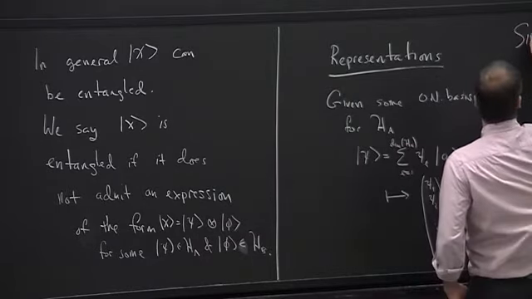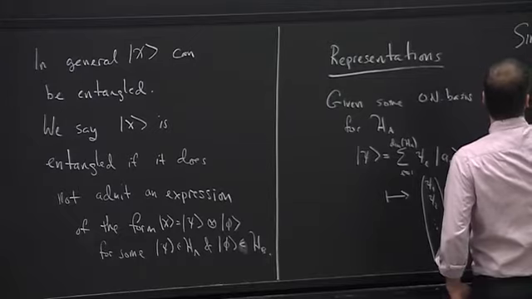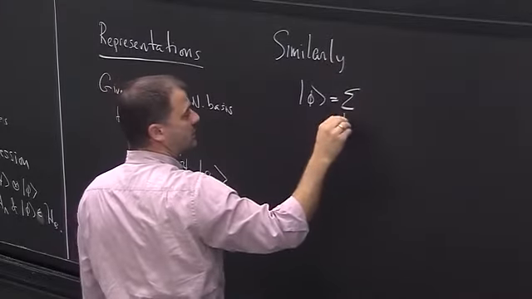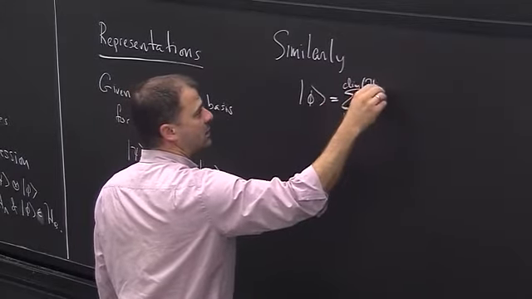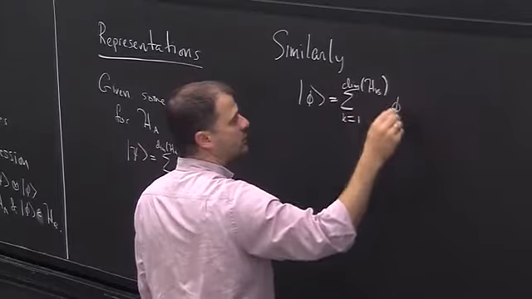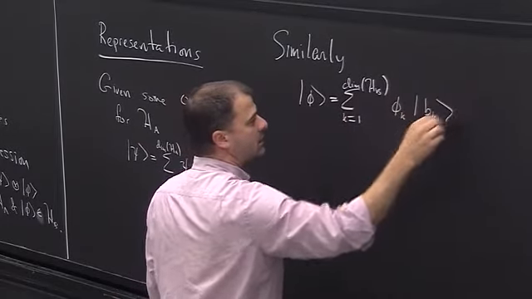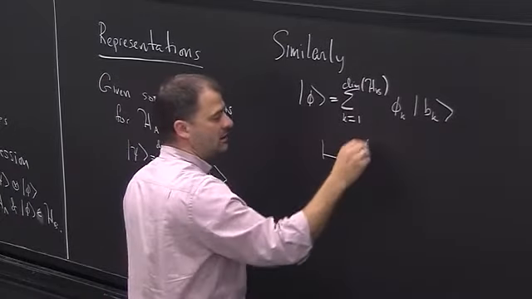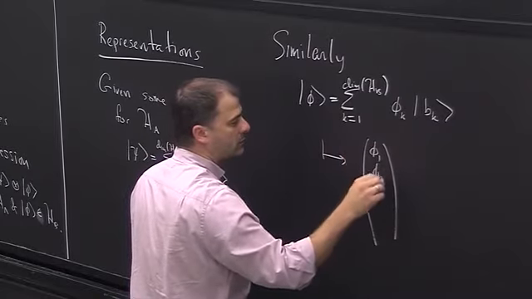Similarly, for H_B, we have phi can be expressed as an expansion with respect to a basis. Here k goes from 1 to the dimension of H_B, and we'll use phi sub k, b_k. And then we have a representation of phi as a column vector, phi_1, phi_2, and so on.